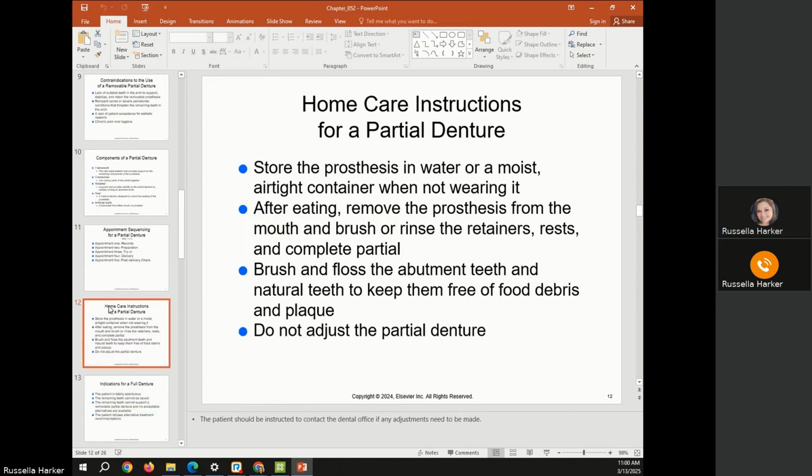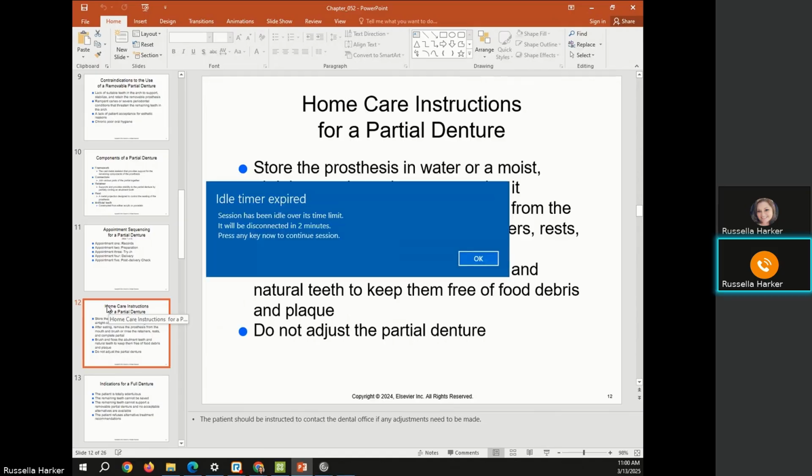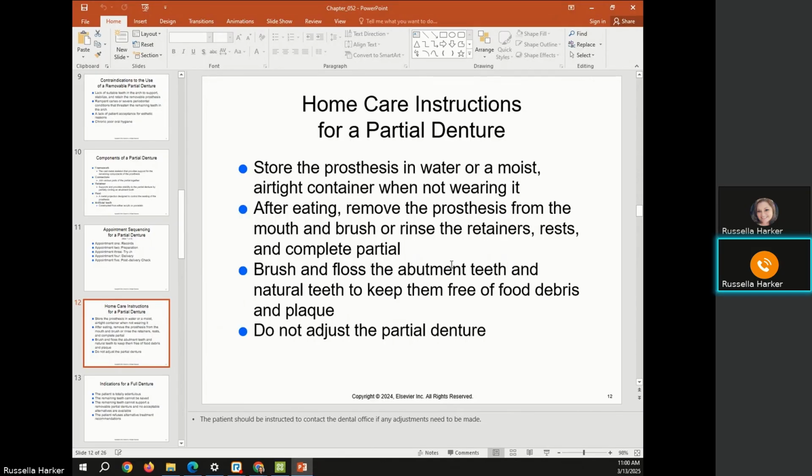You will go over the home care instructions for a partial denture with your patient. It's very important that you go over these instructions before they go home with the partial denture. They must store the prosthetic in water or a moist, airtight container when not wearing it.